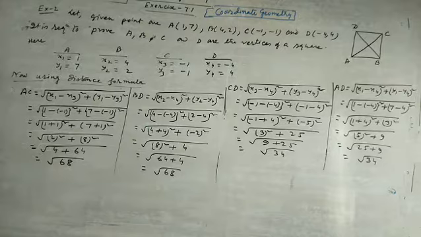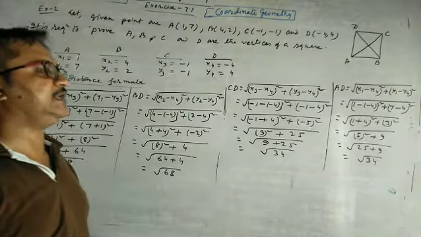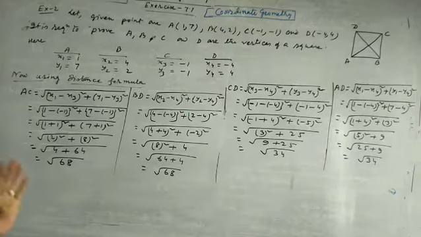Now we decide: if the two diagonals are equal, then A, B, C, D are the vertices of a square.